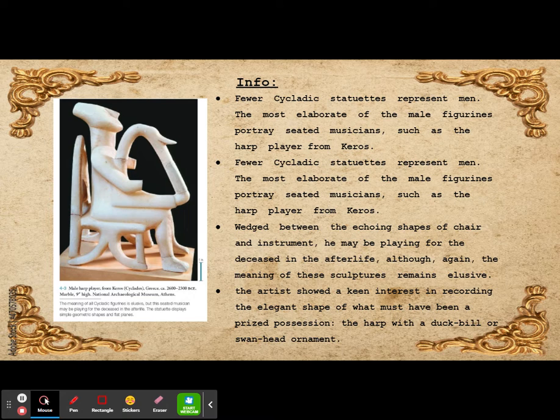And looking at the details, it's a very organic shape, but still gives out a human form. Of course, you can see a chair, and then you can tell it looks like a harp.